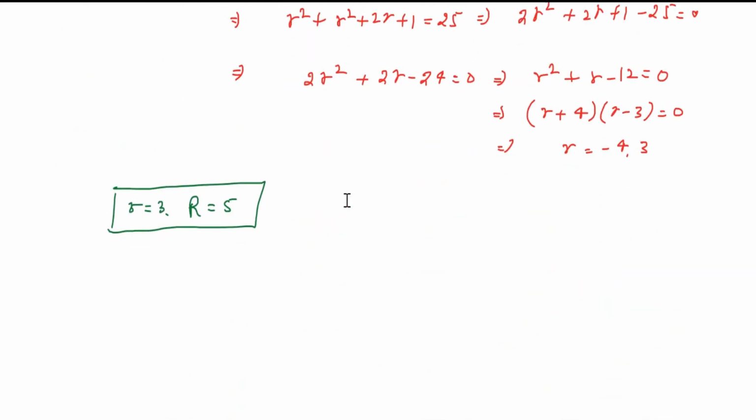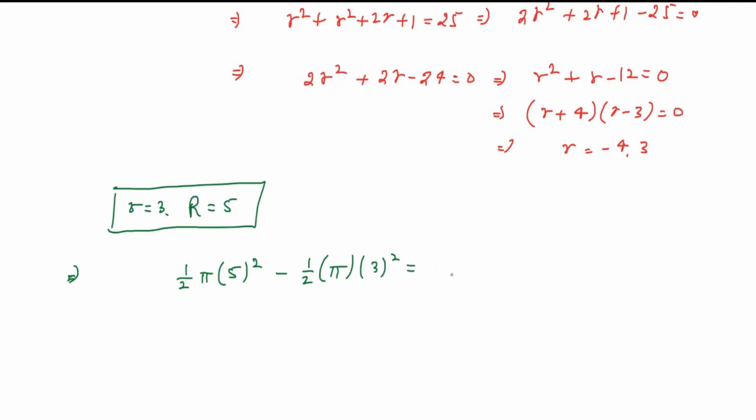So if we apply this calculation, we will have the area of the bigger semicircle, that will be 1 by 2 times pi R square, then minus the area of the smaller semicircle, that will be 1 by 2 times pi r square.